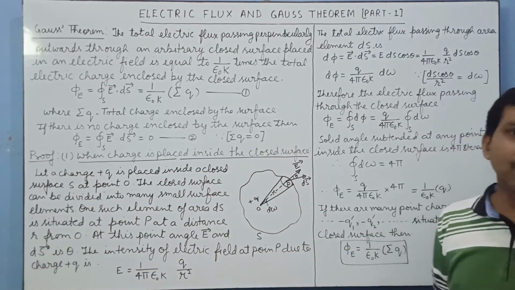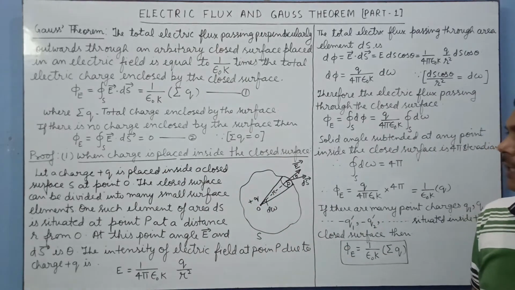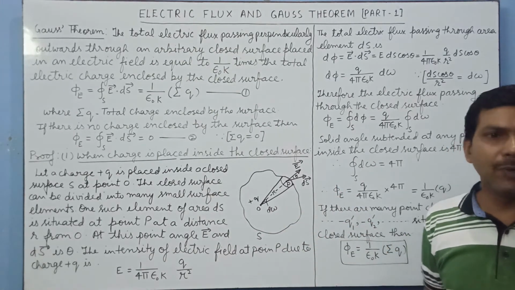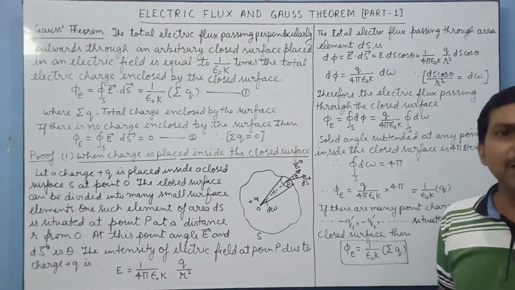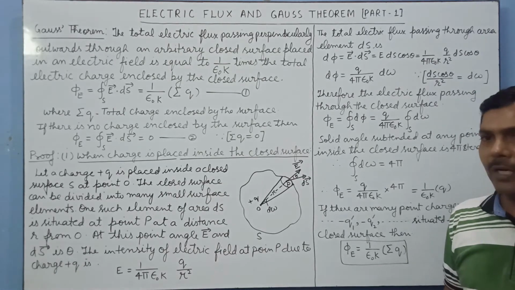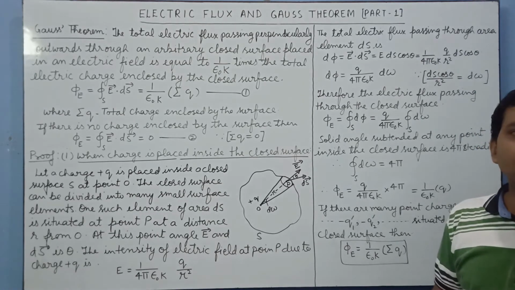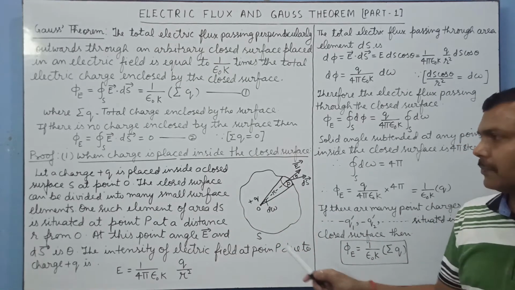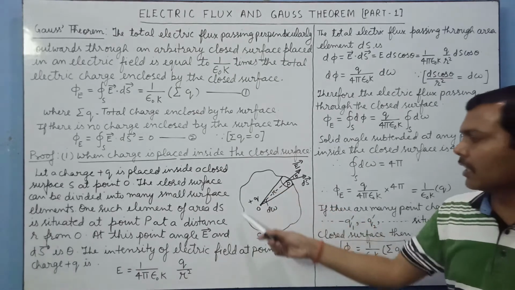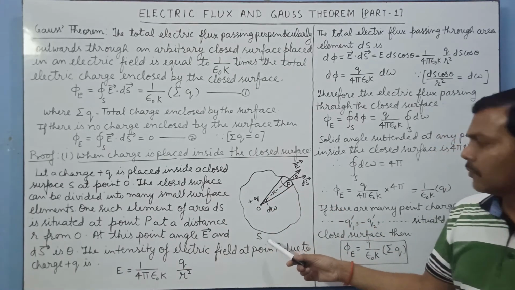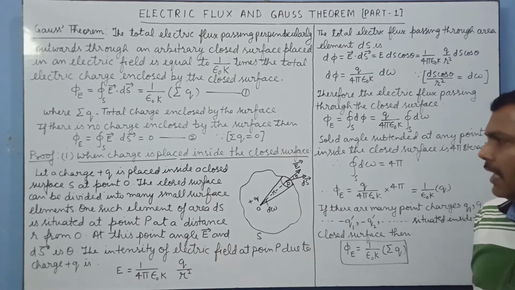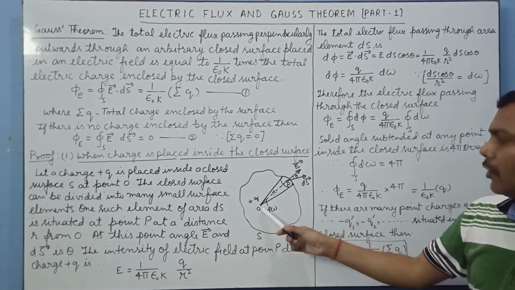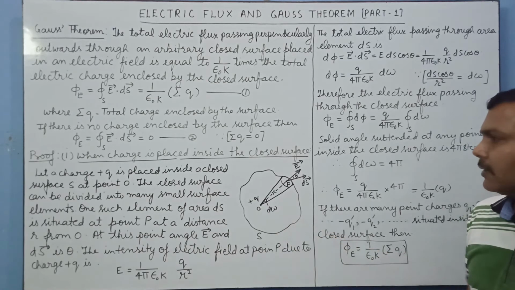Now this theorem contains two parts. First part, when the charge is placed inside the surface, and the second part, when the charge is placed outside this surface. So we will take them one by one. First, when the charge is placed inside the closed surface, I have considered here a closed surface capital S, and a charge plus q is placed at point O inside this closed surface.